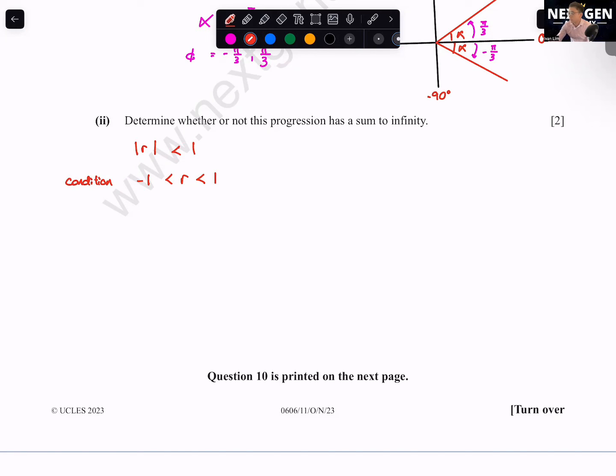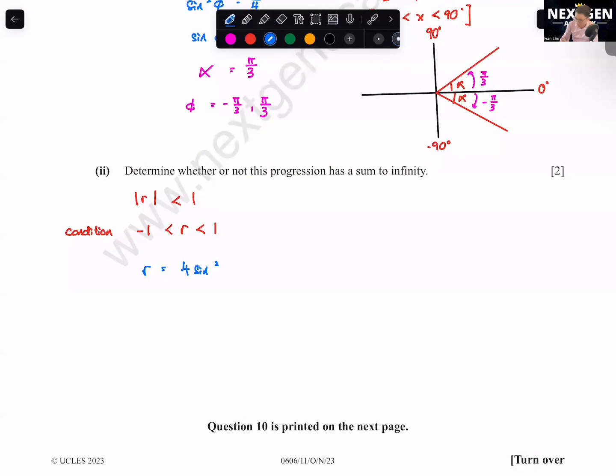So we need to find what is the R value here. Okay, so the R that we know is 4 sine square phi, right? That they gave us. So R equals 4 sine square phi. The phi that we have is pi over 3.